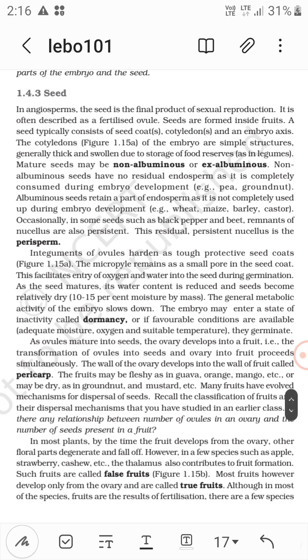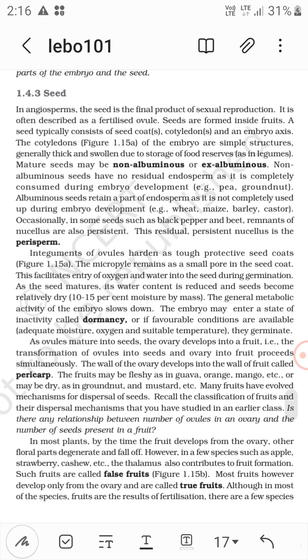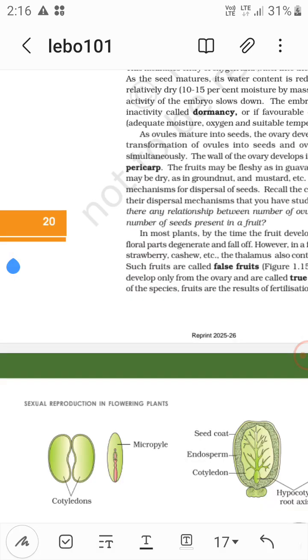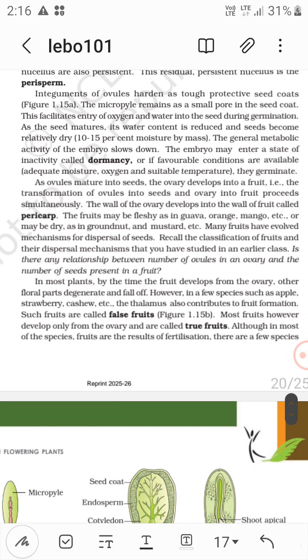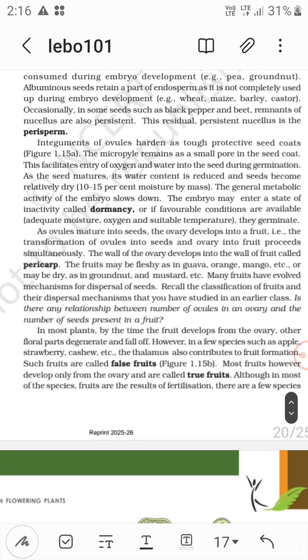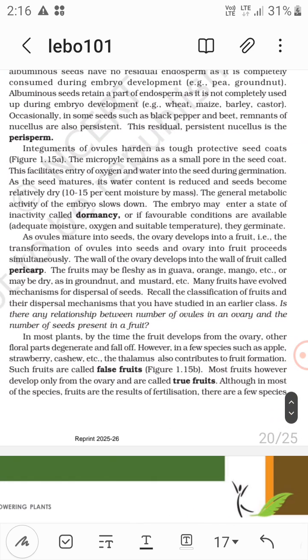As ovules mature into seeds, the ovary develops into fruit. The transformation of the ovules into seeds and ovary into fruits proceeds simultaneously.